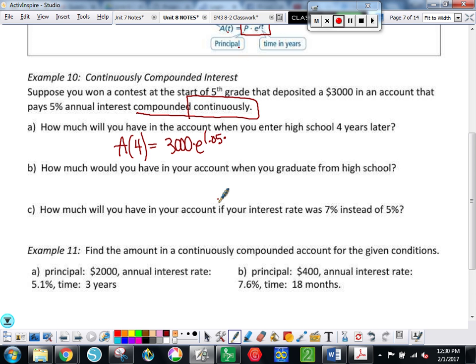Times time, how long is it? 4 years later. So let's plug that into the calculator, especially if you have a slightly older model. Let's make sure everybody gets the same answer. You can't do 1.5 or you'll get it wrong, because there's no 1 plus on there.